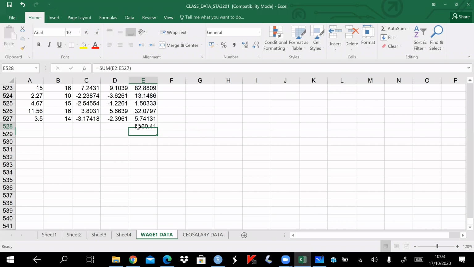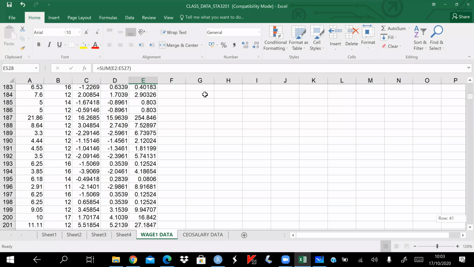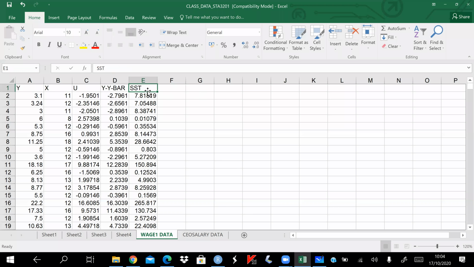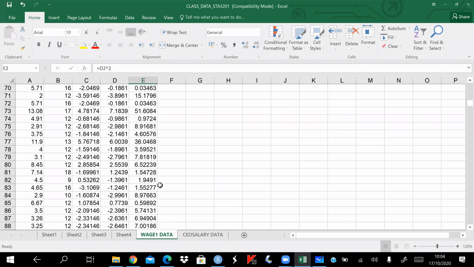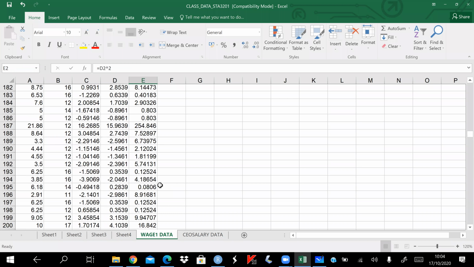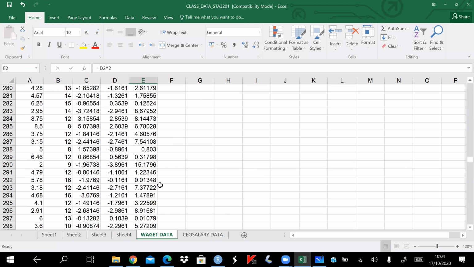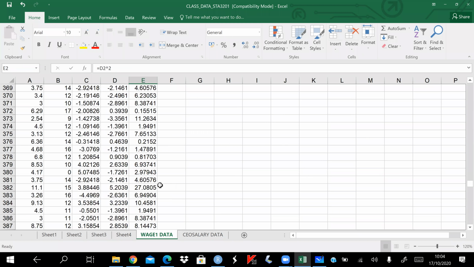So this is the total sum of squares. So this is our SST. This number here is your total sum of squares, so this is your value of SST.